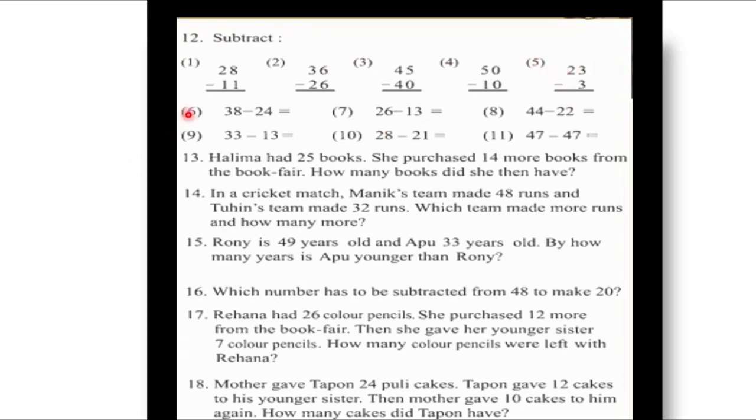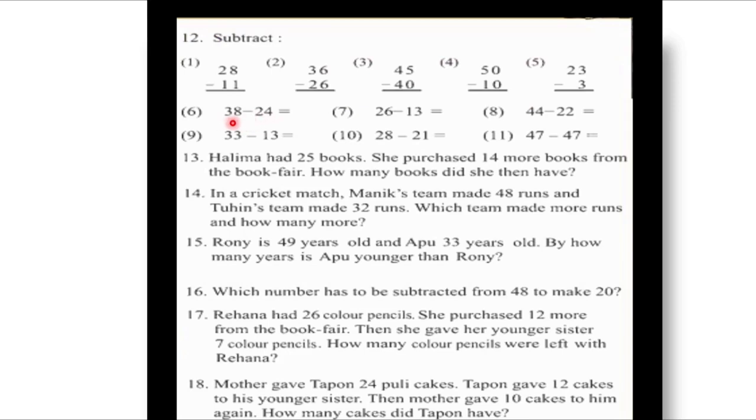If we see question number 6, these are horizontal problems, and in my earlier lectures I mentioned how we can solve these types of questions. Whenever you try to solve these types of questions, you should look at your right hand side. Here we can see an 8, and here we can see a 4.